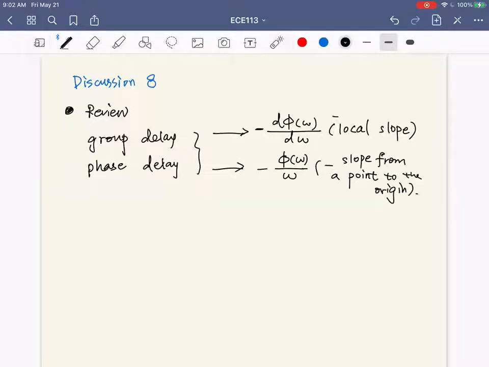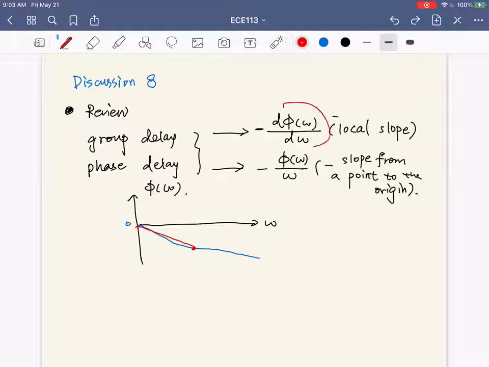If I plot it out, the phase just goes down from 0, and we can see that the phase delay always corresponds to the slope from a point to the origin. Of course, you need to take the negative part. And for the group delay, it is the local slope.